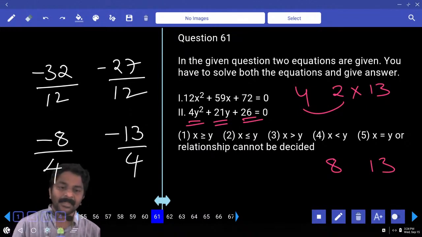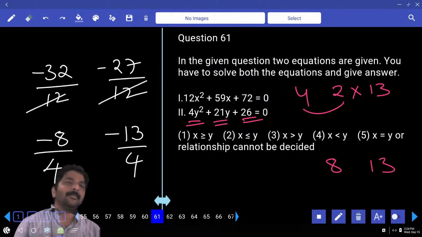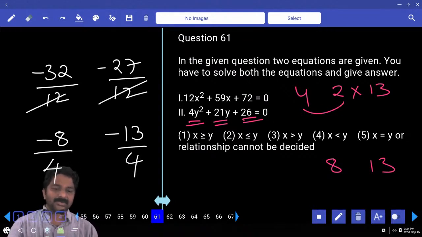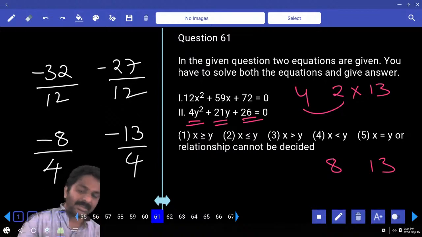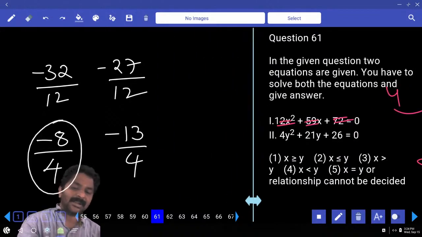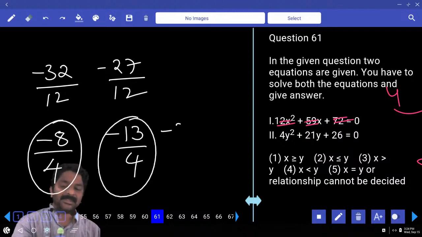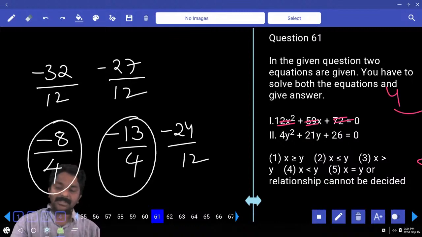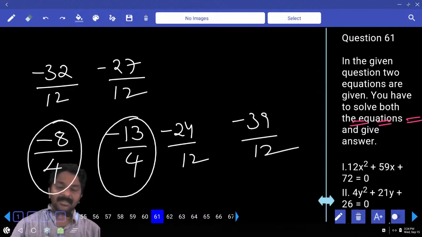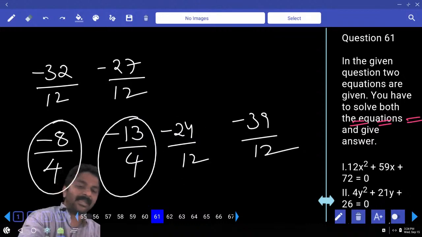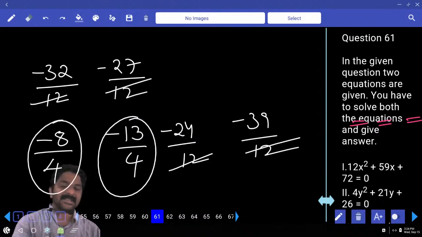Our earlier denominator was 12, so even here I am expecting denominator 12. So I will multiply both numerator and denominator with 3. 8 times 3 is 24 by 12. 13 times 3 is 39 by 12. Now everywhere the denominator is 12, so 12, 12, 12 gets cancelled.